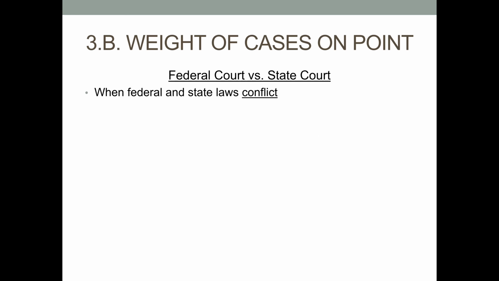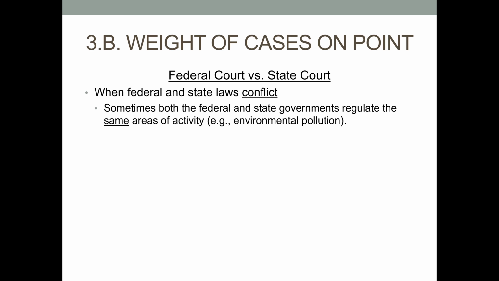Now, sometimes you may find that there are both federal law and state law that govern the same dispute that your client's involved in. And you might find on occasion that those laws conflict with each other. So sometimes you do have areas such as environmental protection in which you have federal laws that regulate that sphere of activity, and you have state laws that do the same thing.